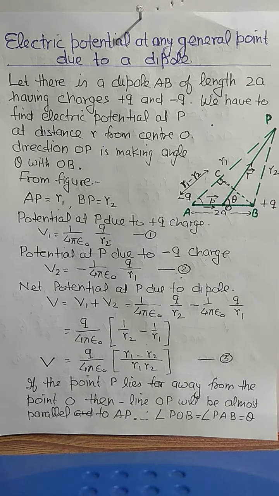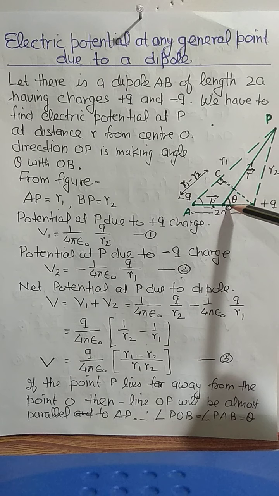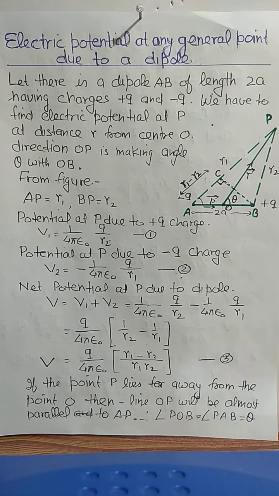In this condition, this angle will be equal to this angle. That is, angle POB will be equal to angle PAB. And since this is theta, this angle will also be theta. Any doubt?